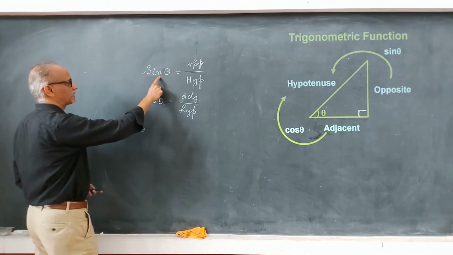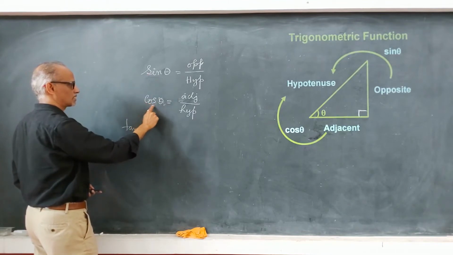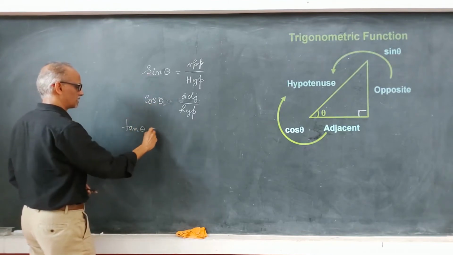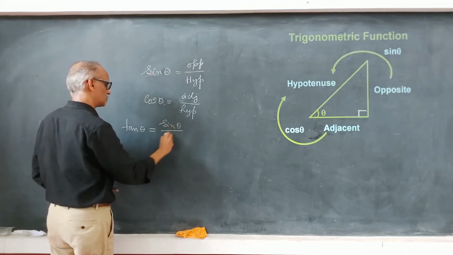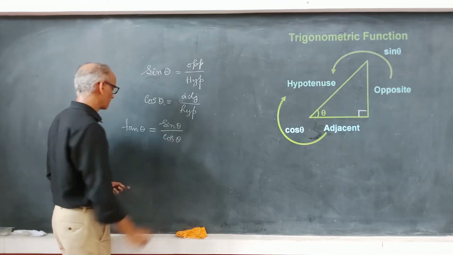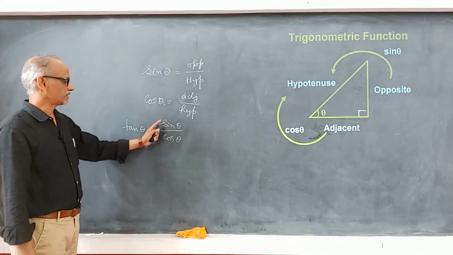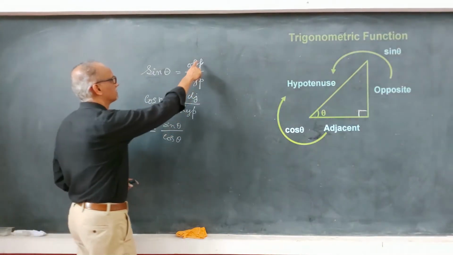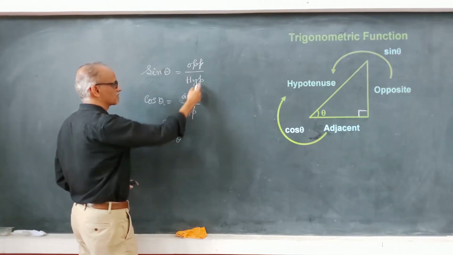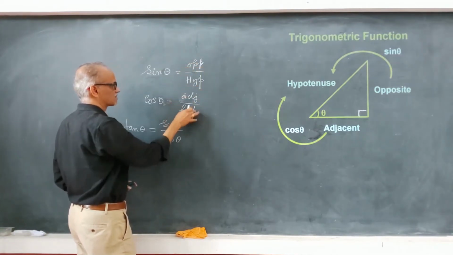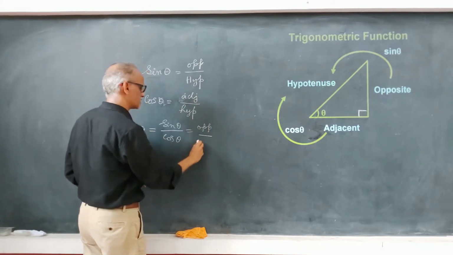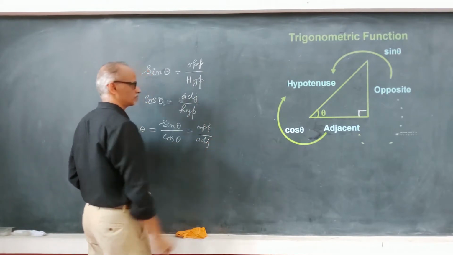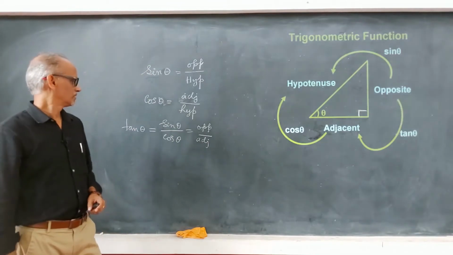Tan of the angle is always the ratio of sine to cosine. When I divide this by this, the hypotenuse gets cancelled, and we are left with opposite by adjacent. So that is the tangent.